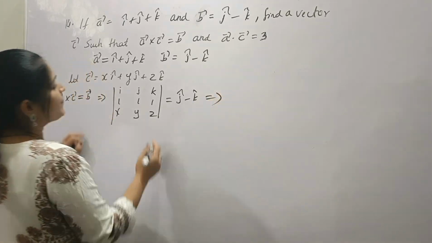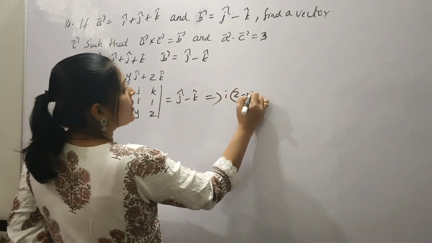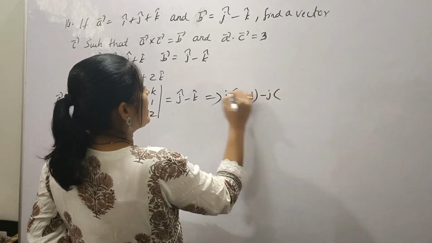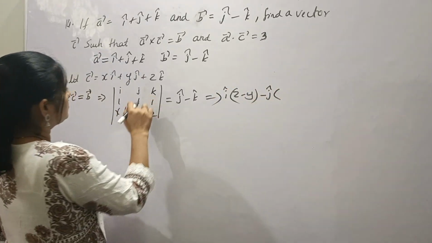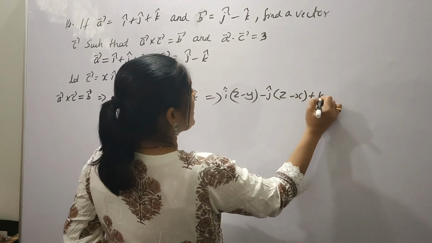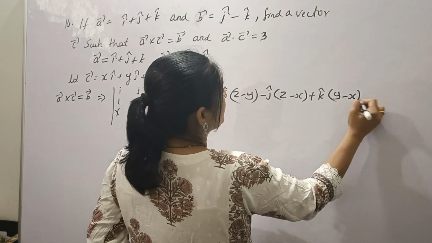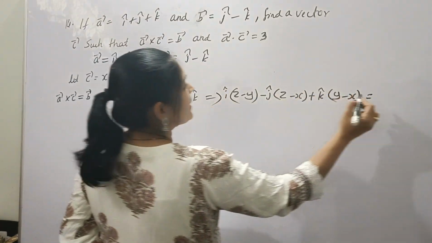That implies i into z minus y, minus j into z minus x, plus k into y minus x, is equal to j minus k.